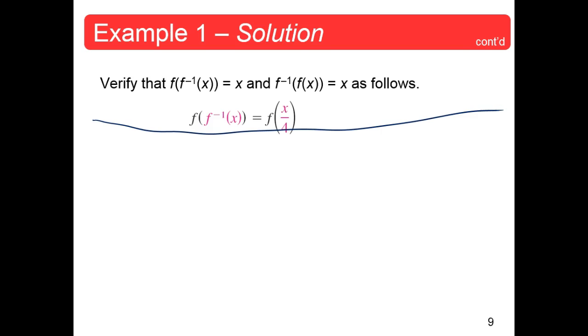This time they give you a function, f of x, and they tell you that it is 5 over x minus 2, and they're asking you a question.